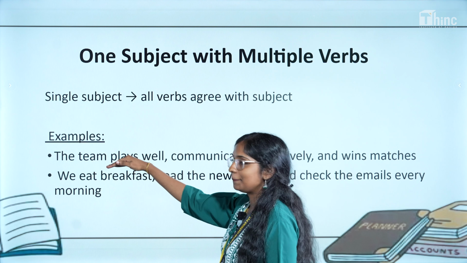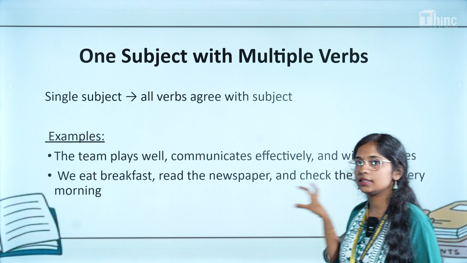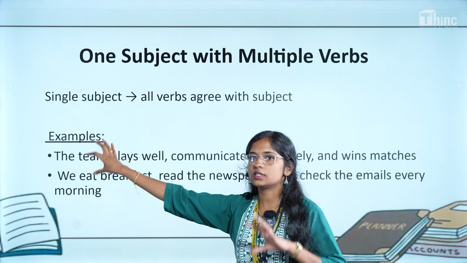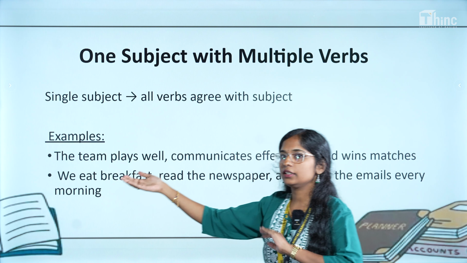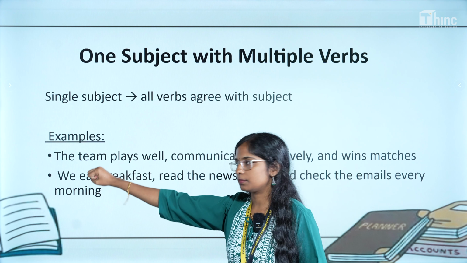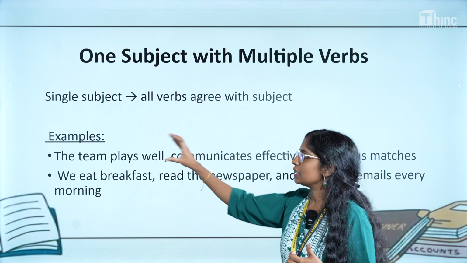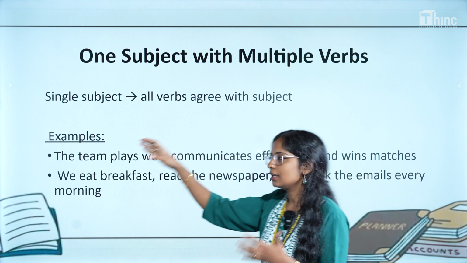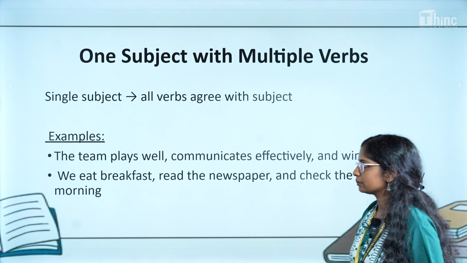What are they? Plays, communicates and wins. 3 verbs for this single subject. So when we have a single subject and more verbs for that, they should agree with the subject. The team is singular, so we use singular verb plays, singular verb communicates and singular verb wins.